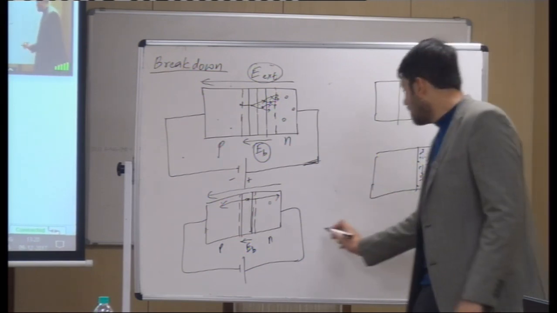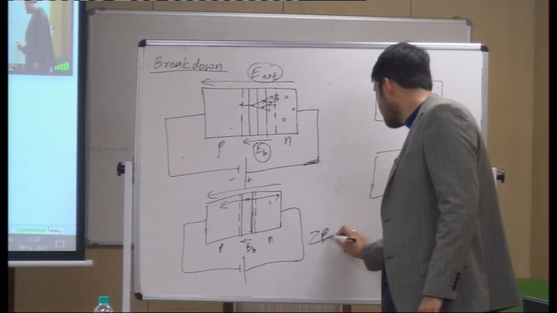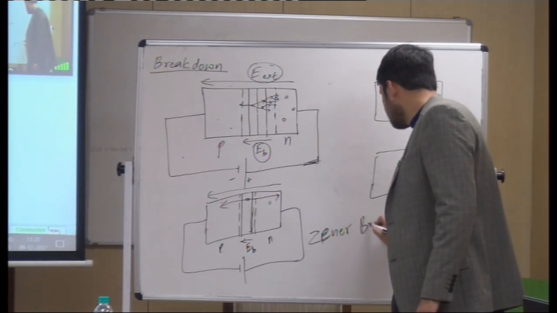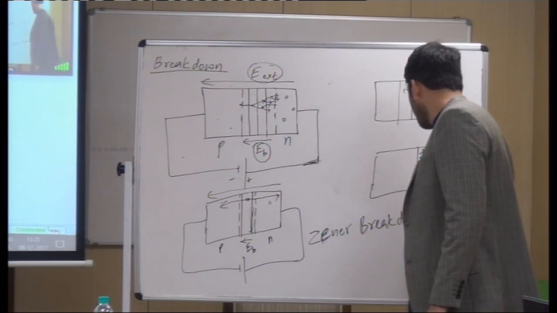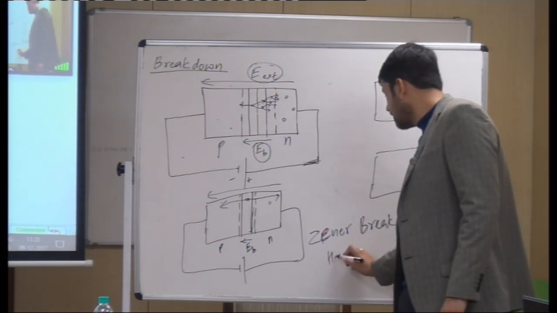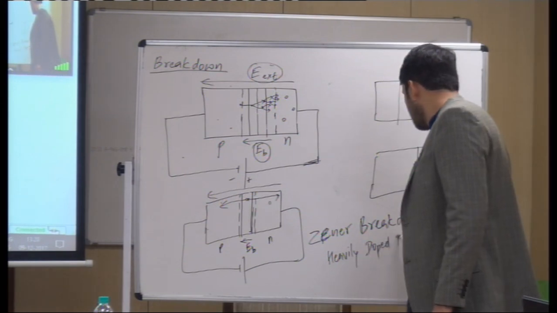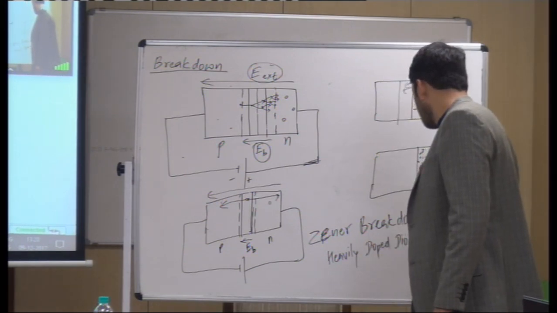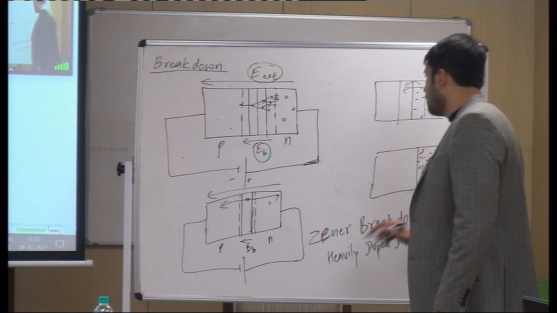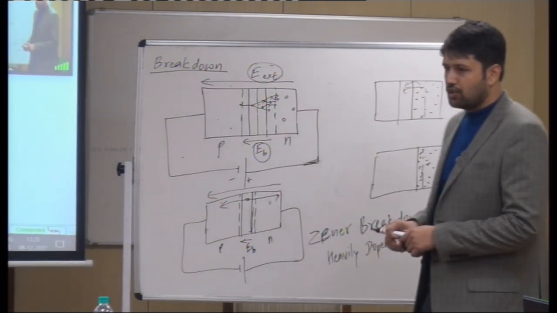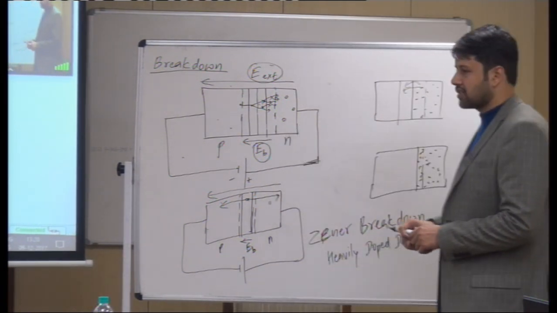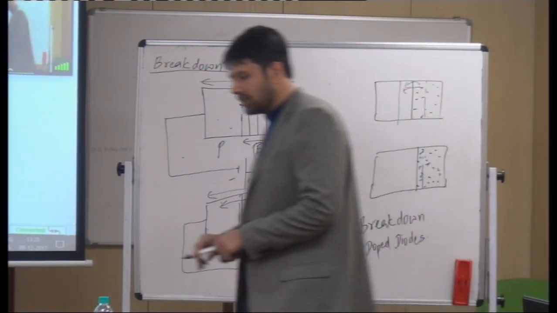So this is called Zener breakdown. Okay, and it is only for heavily doped diodes. Okay, Zener breakdown is used in a special purpose diode called Zener diode. Okay, we would be using that, studying that.